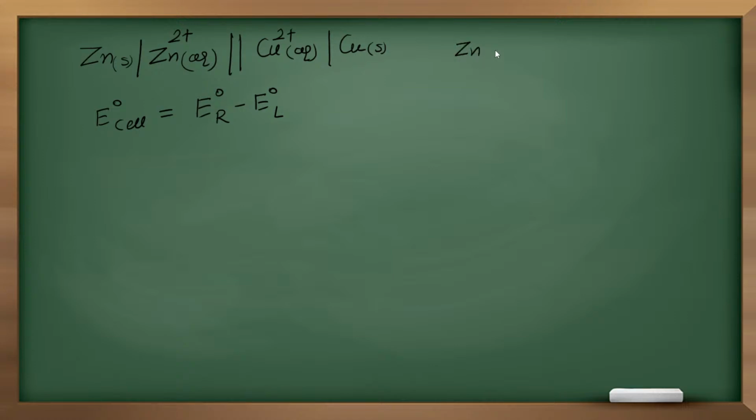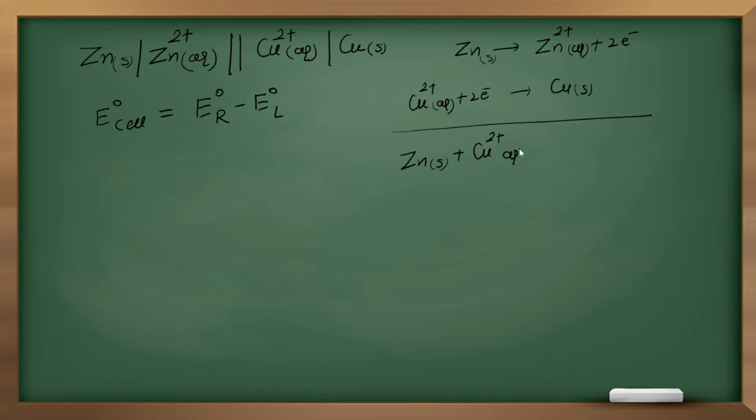See, left electrode zinc is oxidized, and on the right electrode copper is reduced. The overall reaction is zinc solid because electrons are already balanced. This is the overall cell reaction.